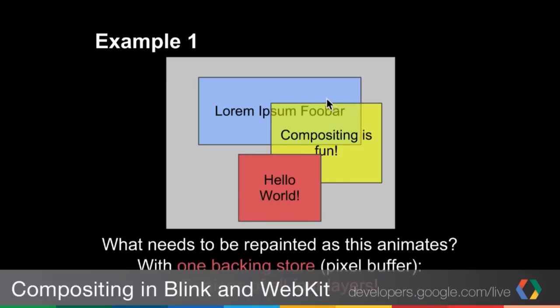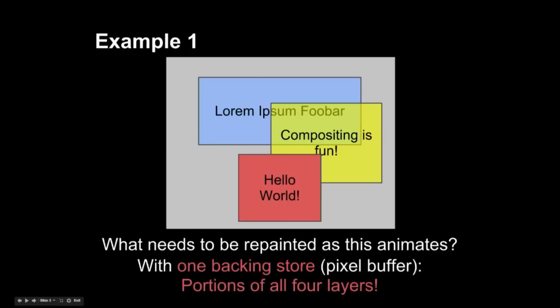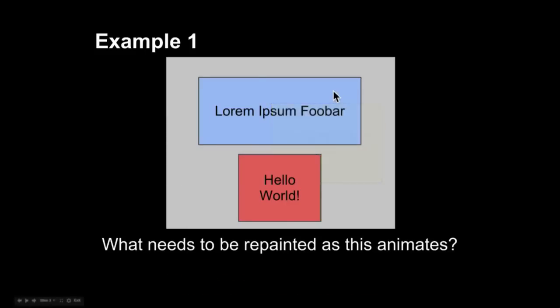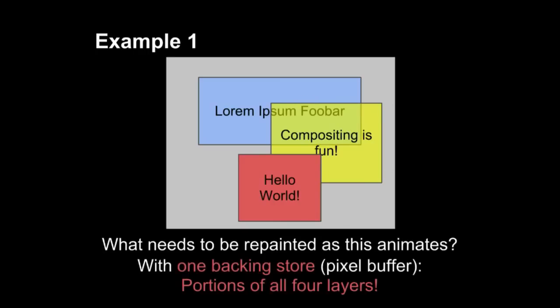Now, if we're smart enough in WebKit or in Blink, we could say there's actually only a portion of the actual full-size image that needs to be re-rendered. I'll look again. Only this portion needs to be re-rendered, but still, all four layers really do need to be repainted in order to get that scene correct.